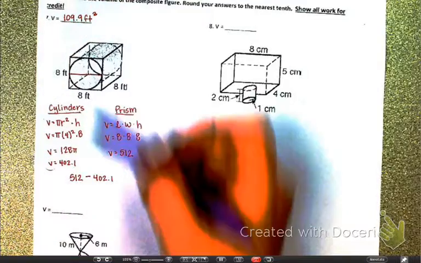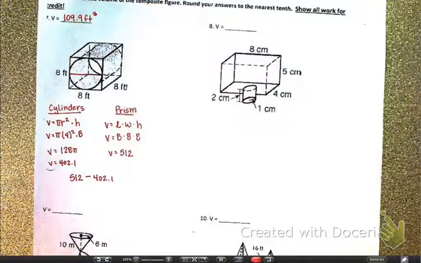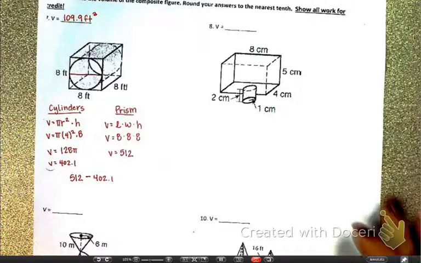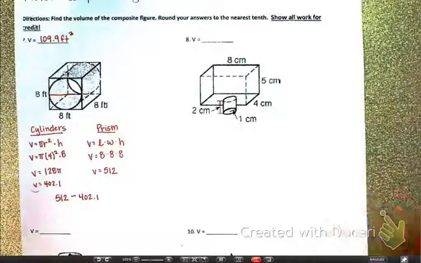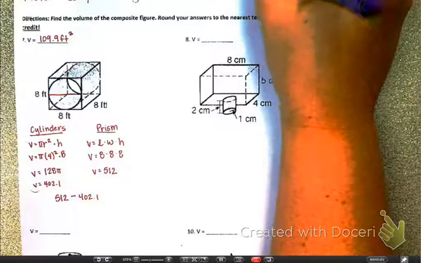So we had our prism and we took the cylinder out of it. So we have to subtract the two. Are you okay with that? Yeah? Sure, maybe. All right, let's try another one.